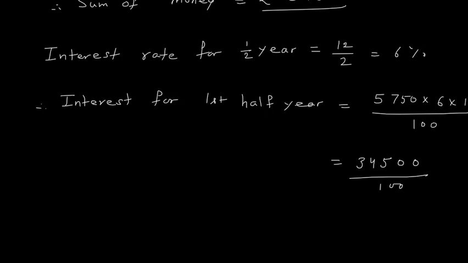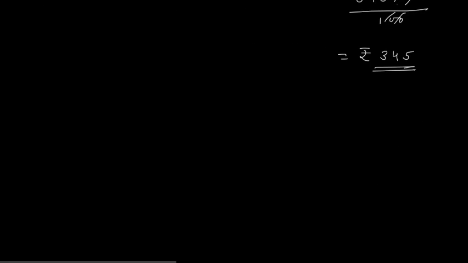Is it correct? Let us see again. 6 0s are 0, 6 5s are 30, 3 carry, 6 7s are 42 plus 3 is 45, 4 carry, 6 5s are 30, 34, right. Now we can cancel these two zeros, and this is rupees 345. So rupees 345 is interest for first half year.